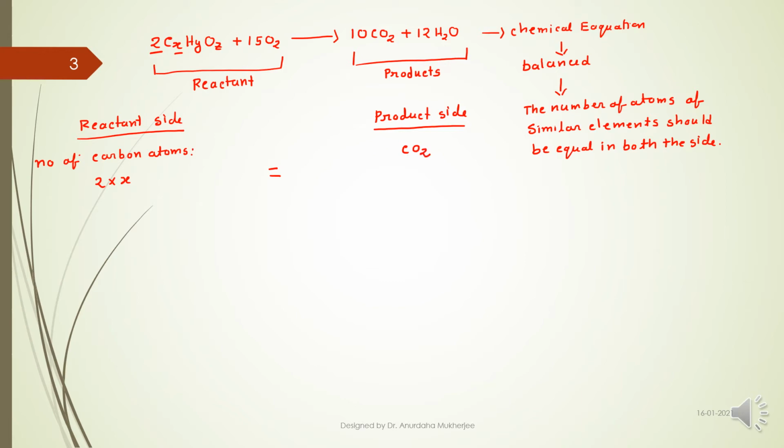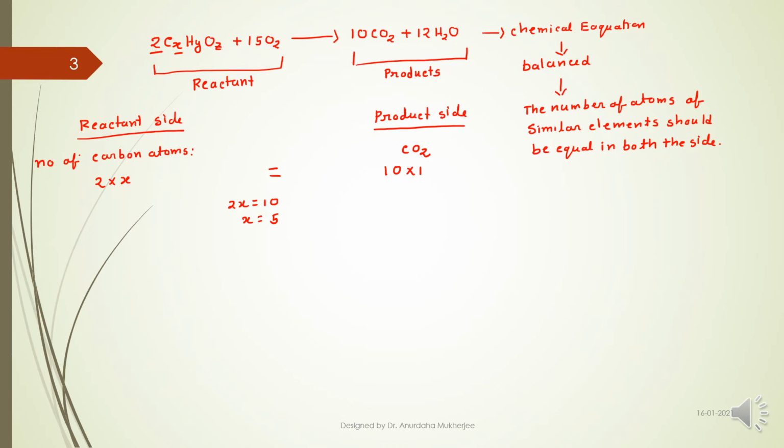The coefficient is 10 and the subscript is 1. So 2x equals 10, so x equals 5.